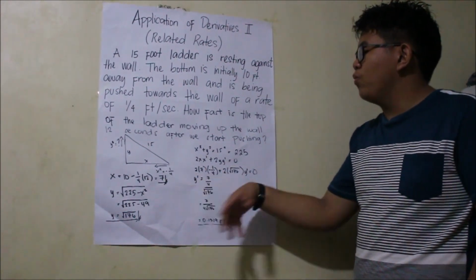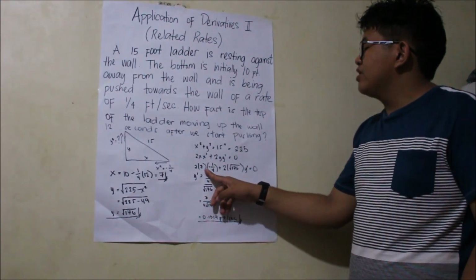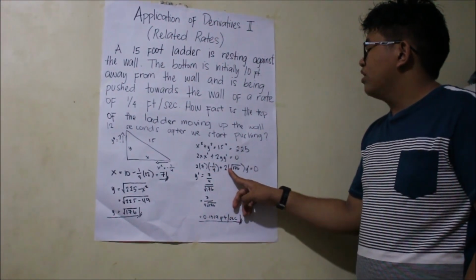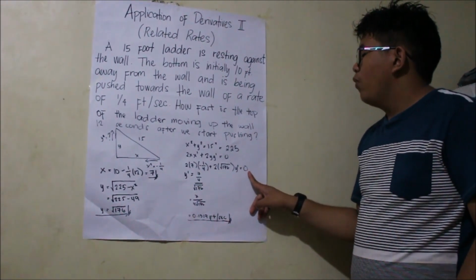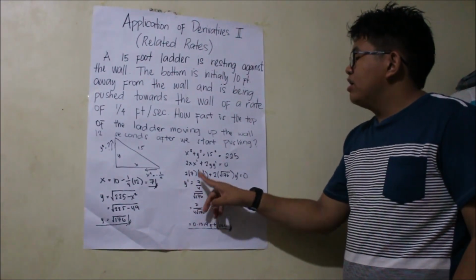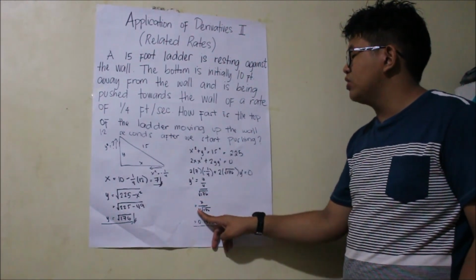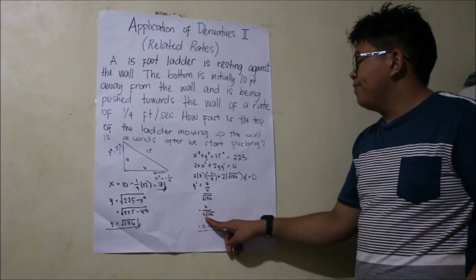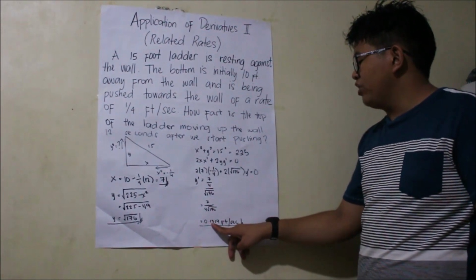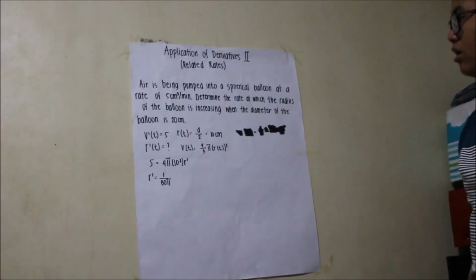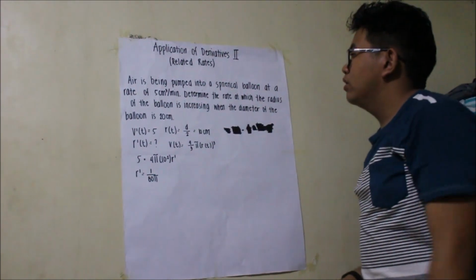Substituting the values we got a few moments ago will give us 2 times 7 times negative 1/4 plus 2 times the square root of 176 times y prime is equal to 0. This will give us y prime is equal to 7 over 4 times the square root of 176, which is equal to 0.1319 feet per second.